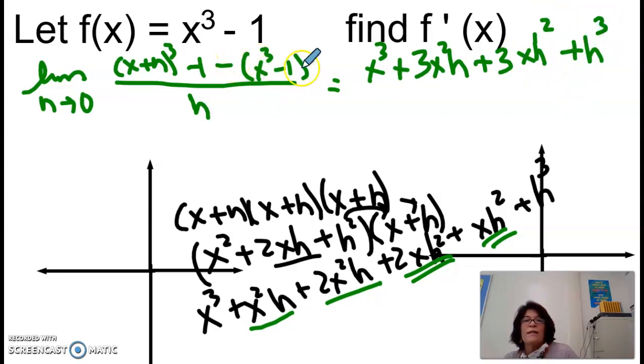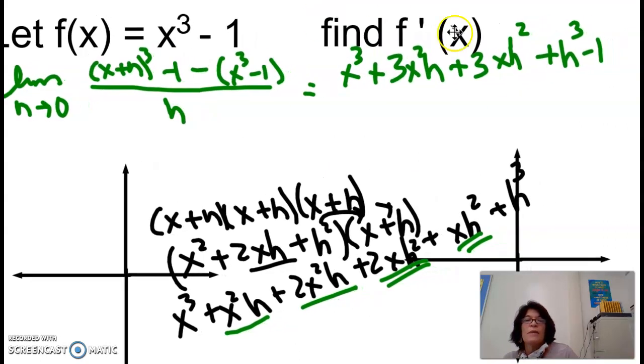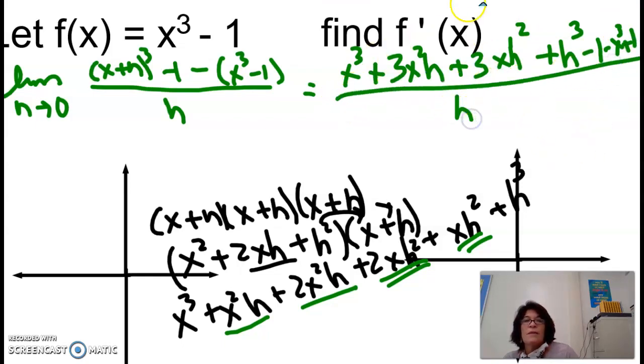I'm going to subtract. Oh, whoops, I have to put the minus 1. And then I have minus x cubed plus 1. Okay, then that's, of course, all over h. We see what cancels here. Oh, I have x cubed minus x cubed.